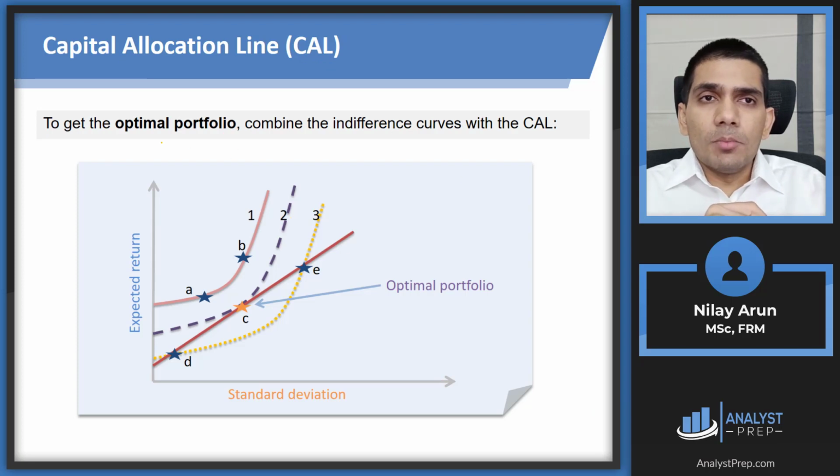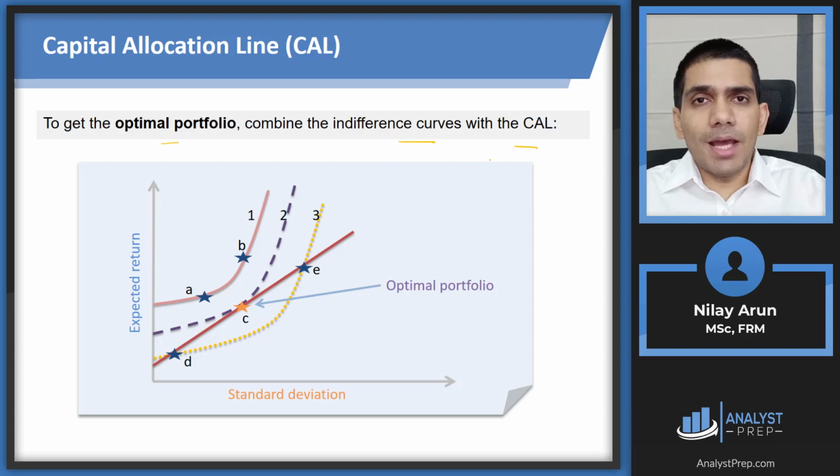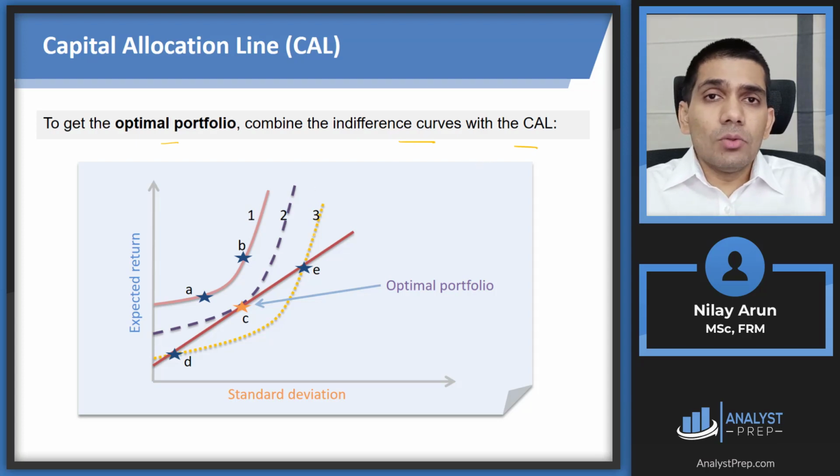In order to get the optimal portfolio, we combine the indifference curves with the capital allocation line. Now, what do the indifference curves do? They essentially express the preferences of the investor. Where is the investor comfortable investing? So it's essentially saying that this is the level of risk that the investor is willing to take for a particular level of return.